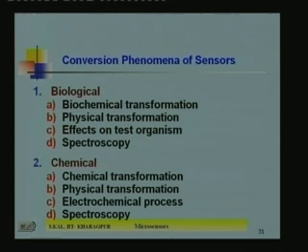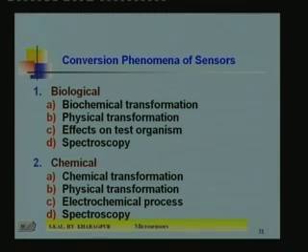In case of biological, the conversion phenomena may be biochemical transformation, may be physical transformation, may be effects on test organism. That means, some biological phenomena may take place if you apply certain chemical into that biological species or body, that is effects on different test organism, then spectroscopy. So, these are the conversion phenomena.